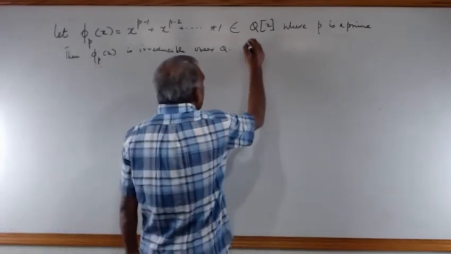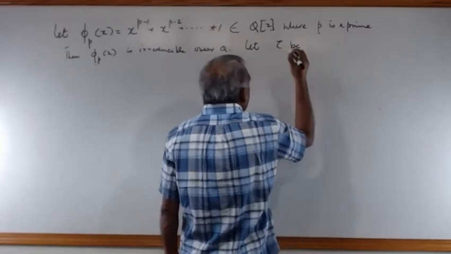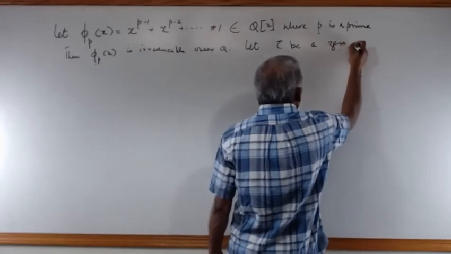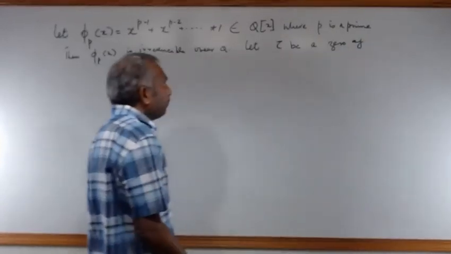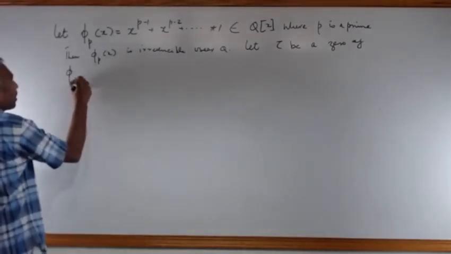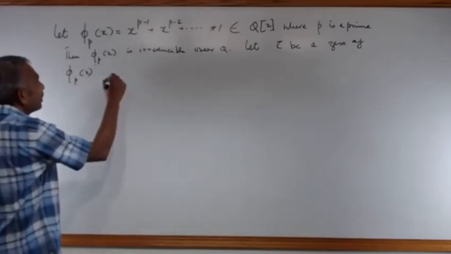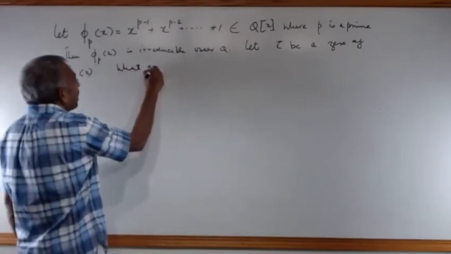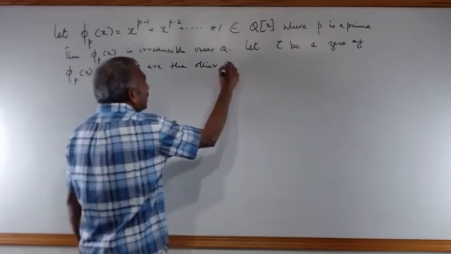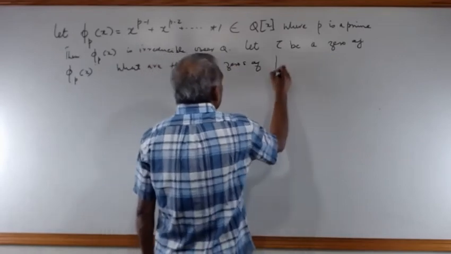Now let ψ be a zero of Φp(x). Then our question is, what are the other zeros of Φp(x)?